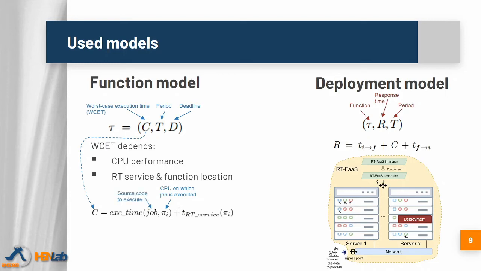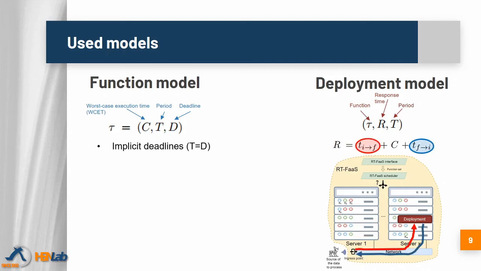The job is the source code of the function, and the t term returns the time necessary to call the real-time service. For example, if the real-time database and the deployment are located on separate servers, and the function writes or reads from the database, we must consider the network delay between them.